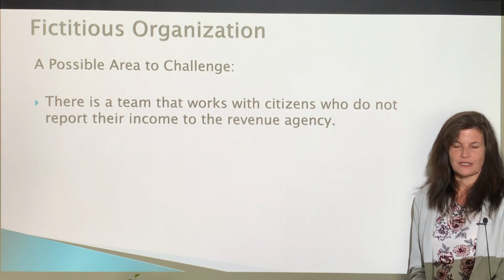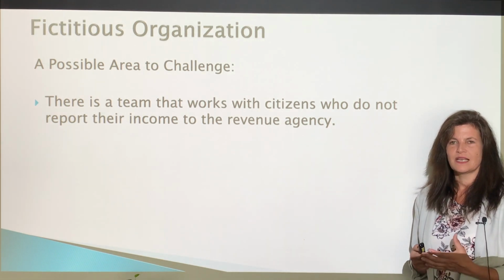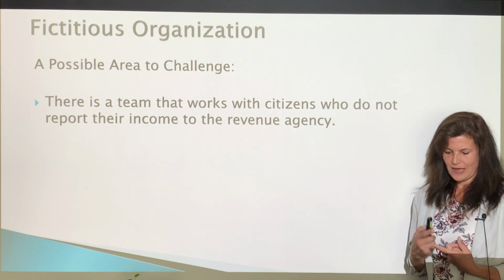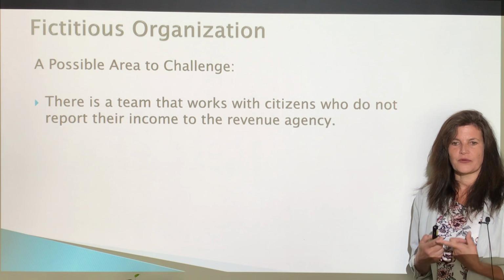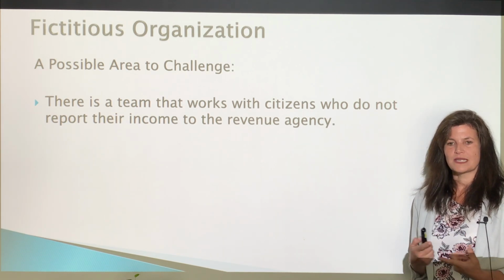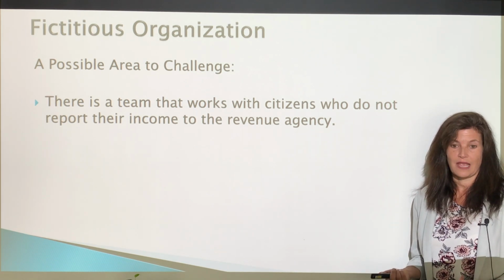So using our fictitious organization again, one thing that jumps out at me is we have two teams within the financial department. One that works with citizens that report to the revenue agency, and one who works with the citizens that don't report to the agency.